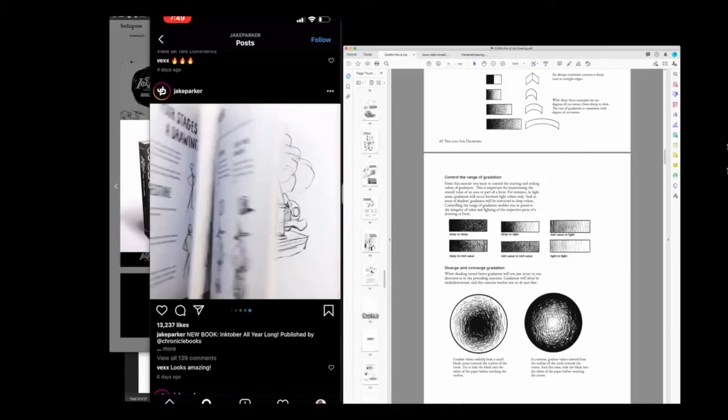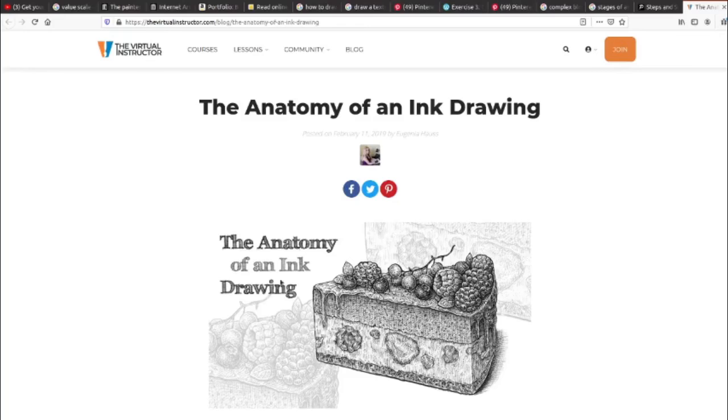But here's something that's interesting. This is a website, virtualinstructor.com. This is a blog entry from February in 2019. It's the anatomy of an ink drawing.